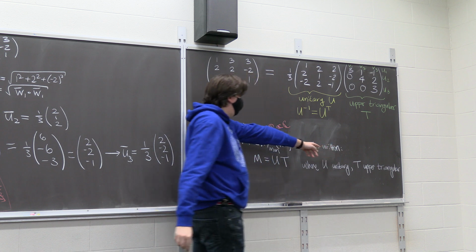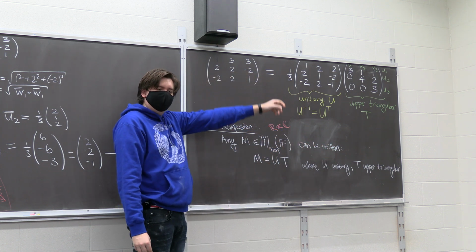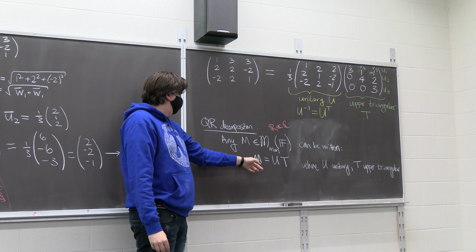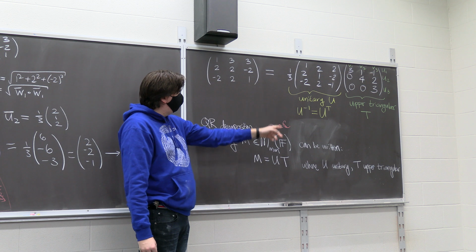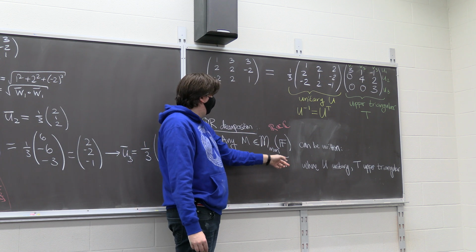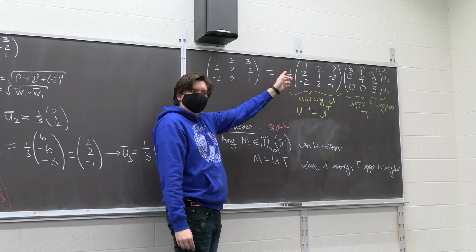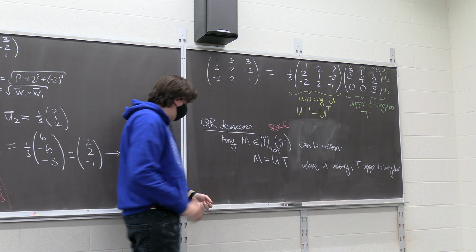And what are the values of T? Well, they're exactly as described above. The columns of M will be like u1, u2, u3. The columns of U are v1, v2, v3. And T is what you get from dotting those together as above. Let's just note the dimensions of these.